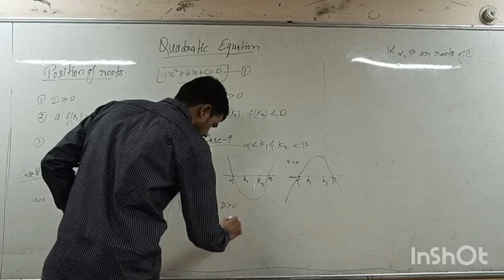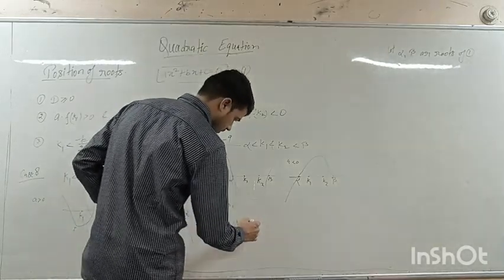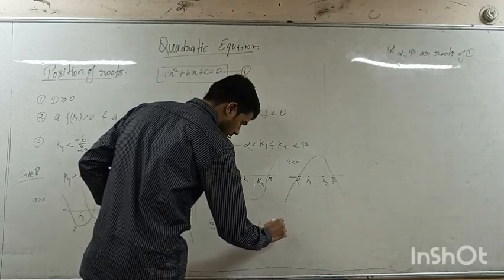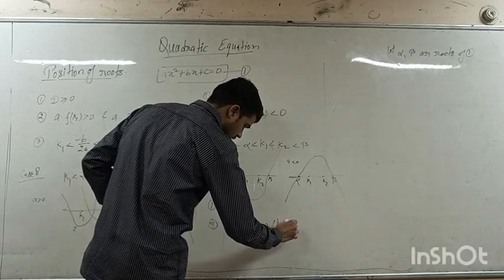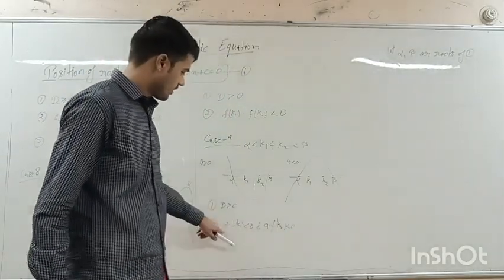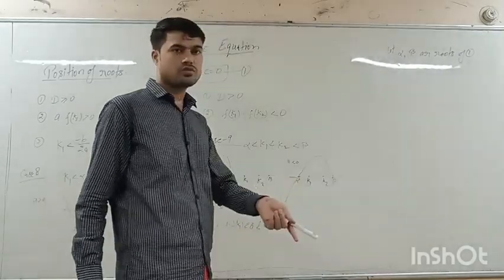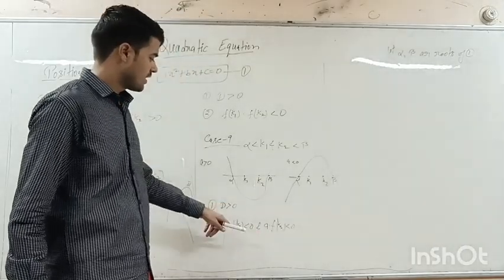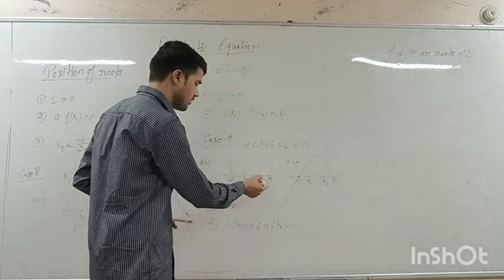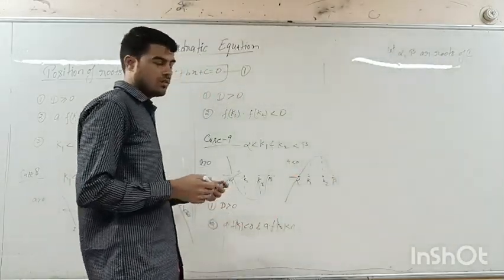So here we can say a times f(k1) is less than 0 and a times f(k2) is also less than 0. And from this condition we can also say that if the signs of f(k1) and f(k2) are different from a, then f(k1) and f(k2) will have the same sign. The same thing we can also say from the graph. f(k1) and f(k2) have the same sign. Okay.